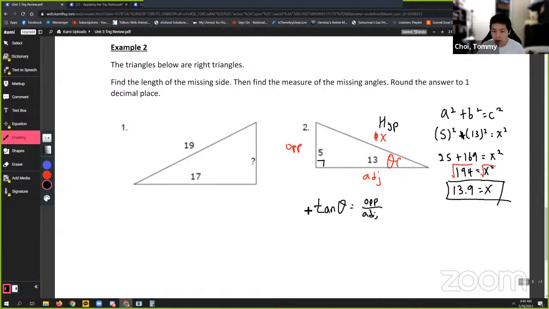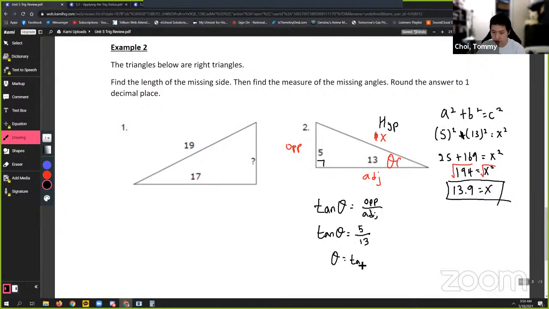So when we write this out, we now plug it in. Tan theta equals opposite over adjacent, 5 over 13. And then tan inverse. Oh, sorry. I should write theta equals, sorry.